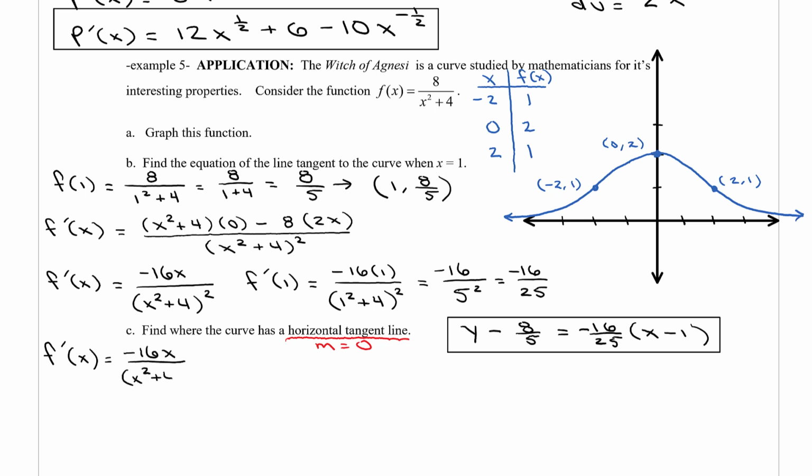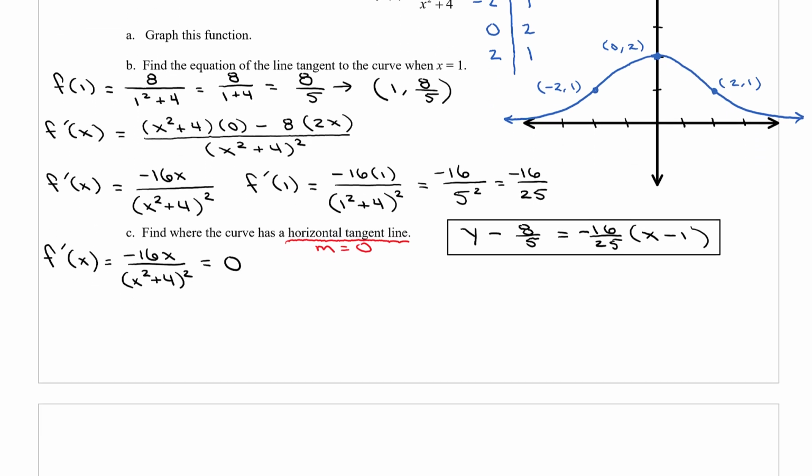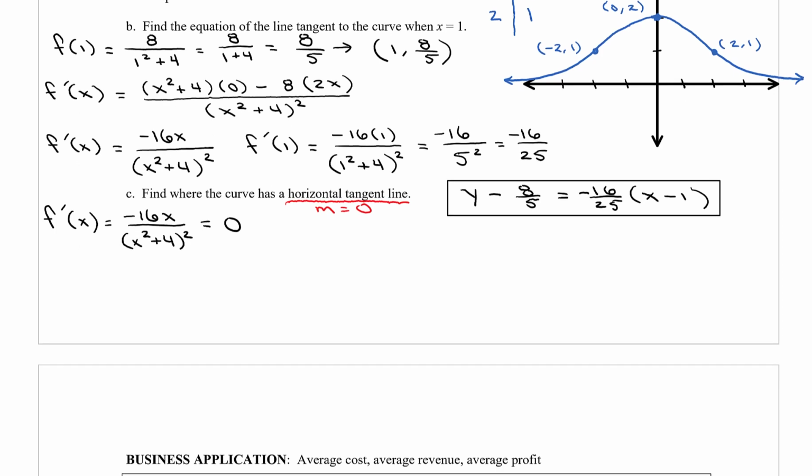And now I have written down my derivative function, f prime of x equals negative 16x over (x squared plus 4) quantity squared, and I have set this equal to 0. Now I need to solve this equation. In order to solve this equation, I'm going to multiply both sides by the LCD, which is (x squared plus 4) quantity squared.